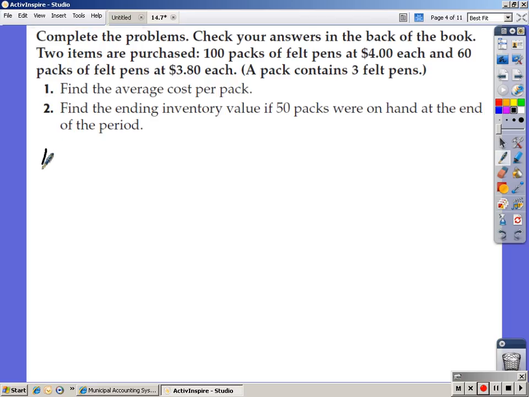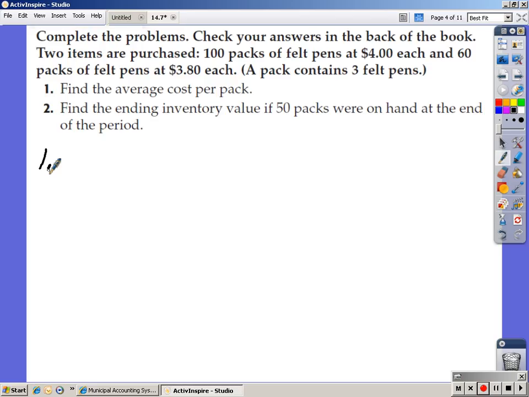In order to solve problem number 1, it says 2 items are purchased. You get 100 packs of felt pens at $4 each and 60 packs of felt pens at $3.80 each. Number 1 says find the average cost per pack.